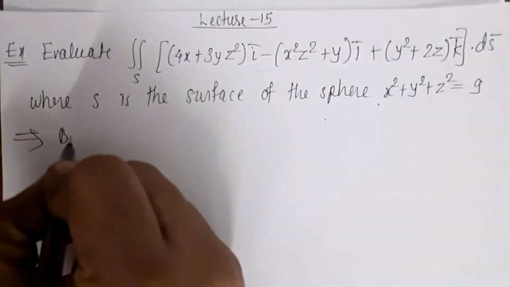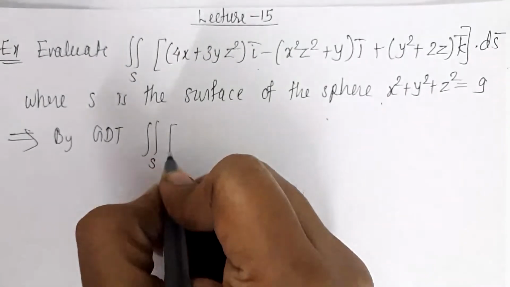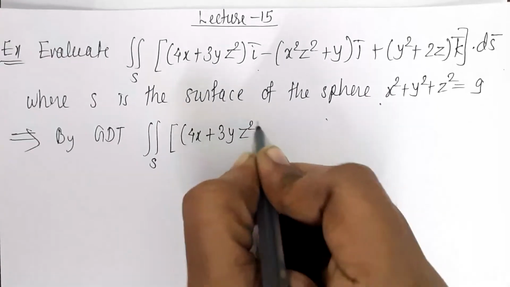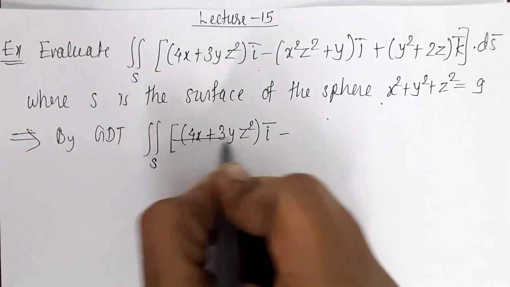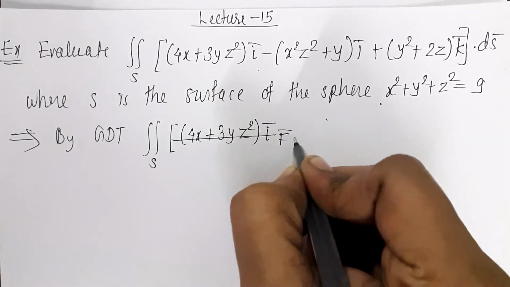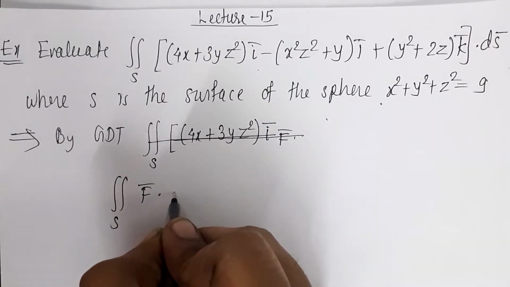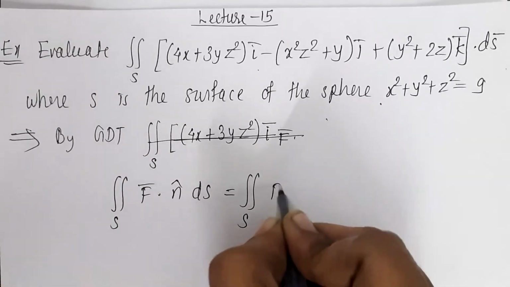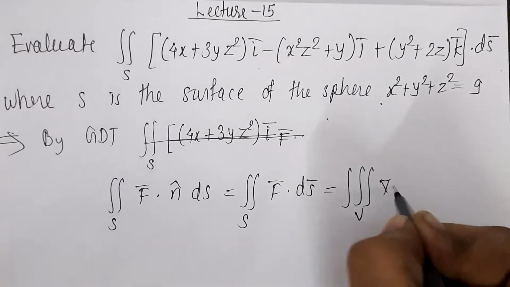So by Gauss divergence theorem, the double integral over S of (4x plus 3yz²) i minus... I am going to write the definition first: double integral over S of f dot n cap dS, or double integral over S of f dot dS bar, is equal to triple integral over V of del dot f dV.